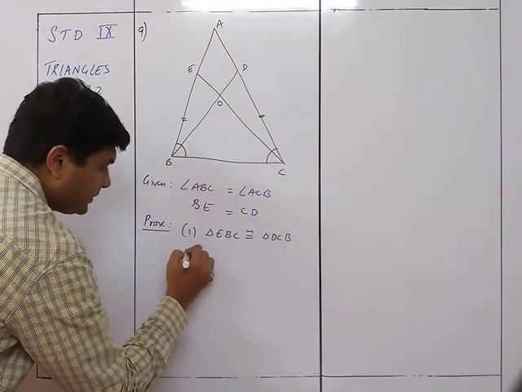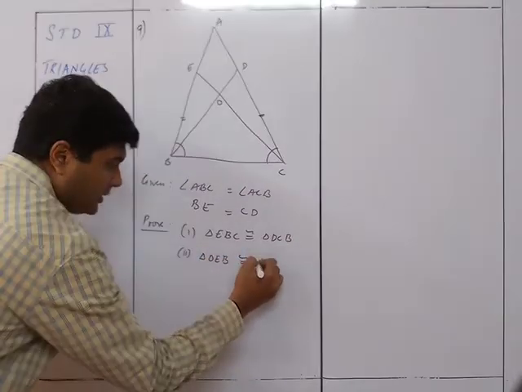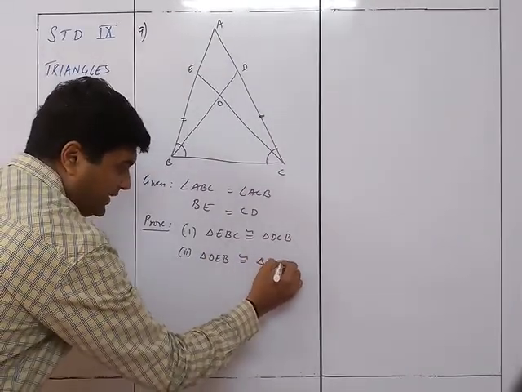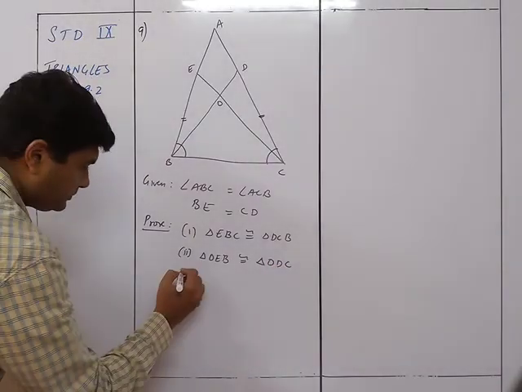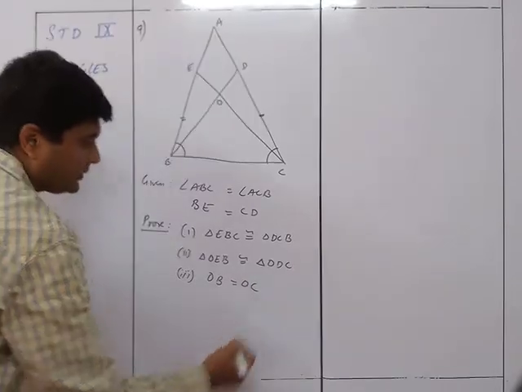Second, triangle OEB is congruent to triangle ODC. Third, OB is equal to OC.